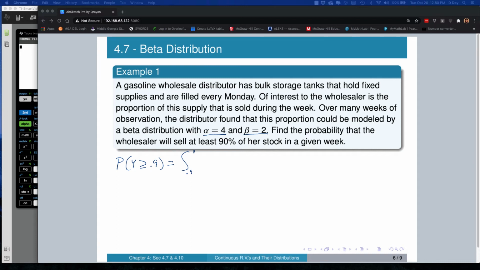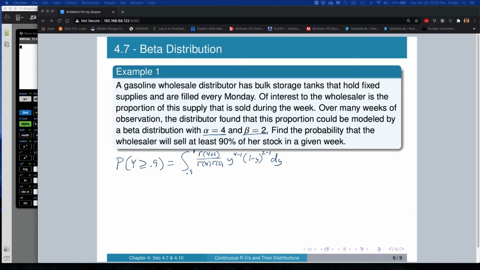And that's going to be of gamma of alpha plus beta, so gamma of 4 plus 2, all over gamma of alpha times gamma of beta times y raised to the alpha, which is 4, minus 1 power, times 1 minus y, to the beta minus 1 power, which is 2 minus 1, dy. So that's what we have to deal with.